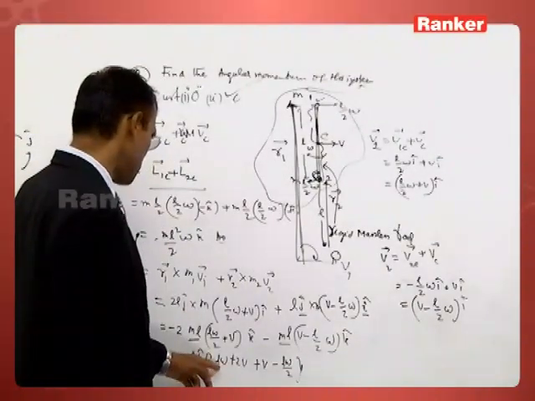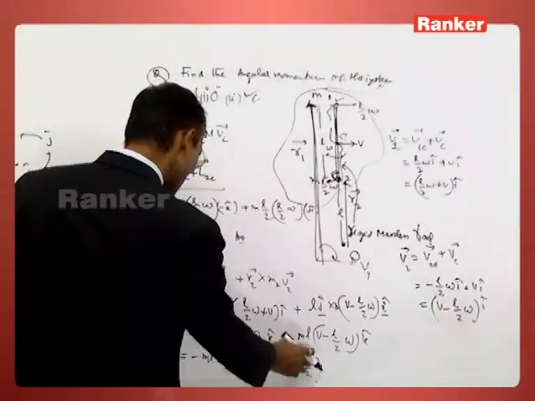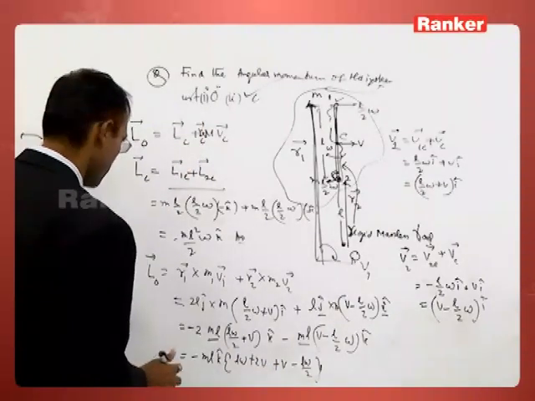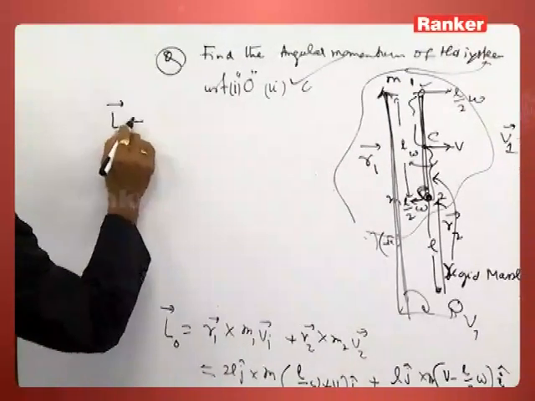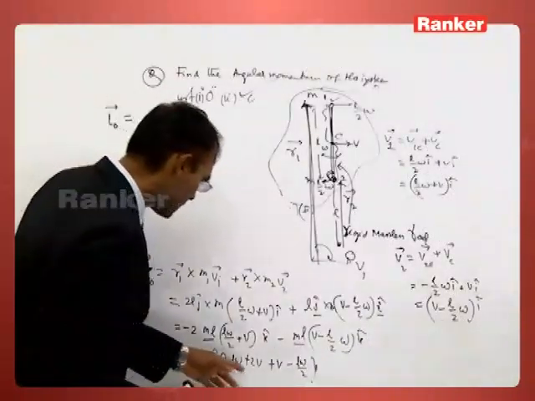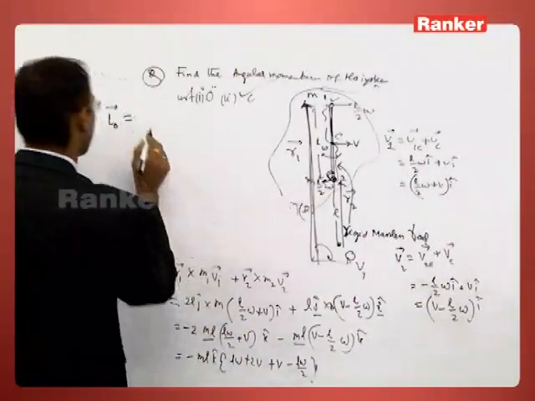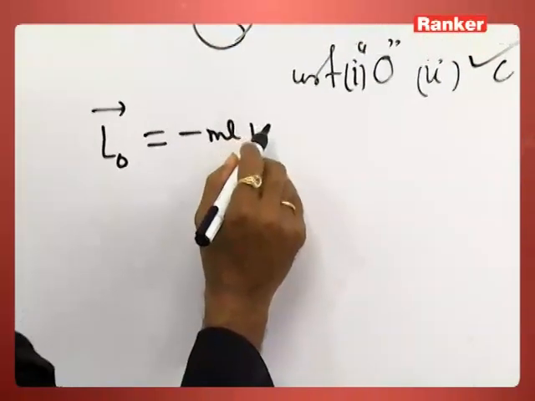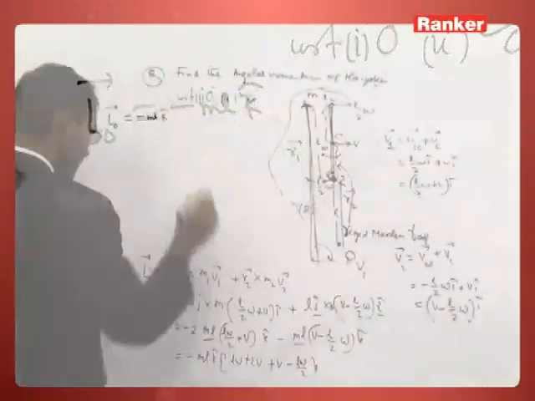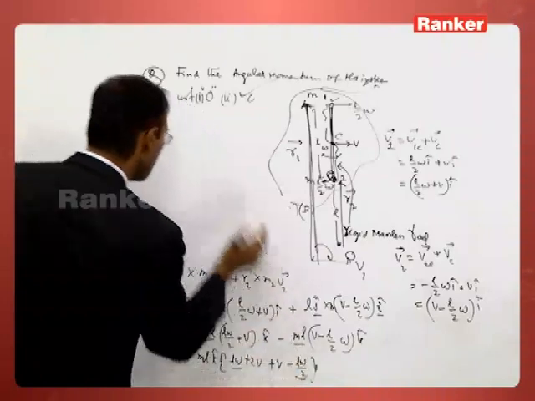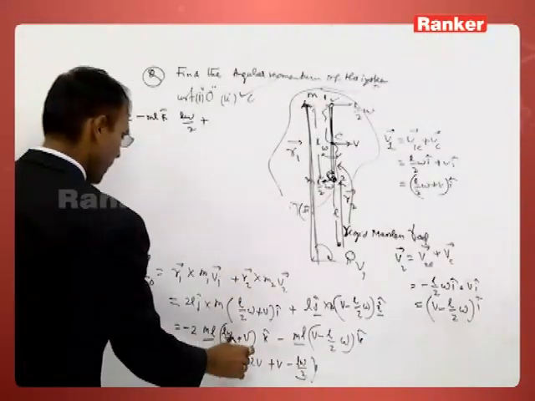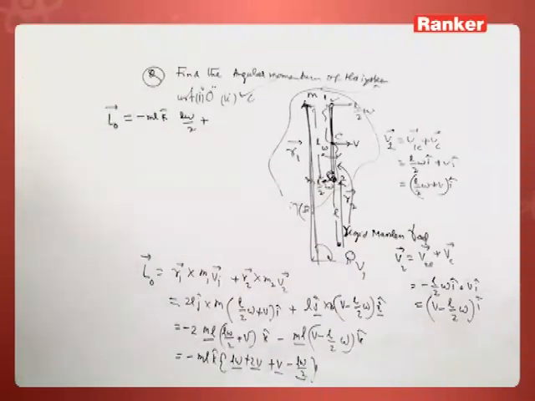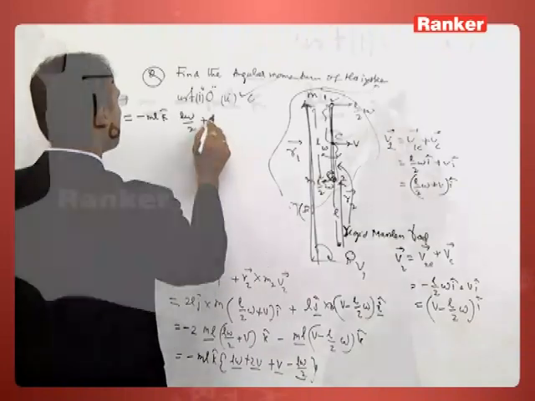So L omega minus L omega by 2 will be equal to L omega by 2. Just simplifying the factors, we get minus ML K cap times L omega by 2 plus 2V plus V, which will be equal to 3V.